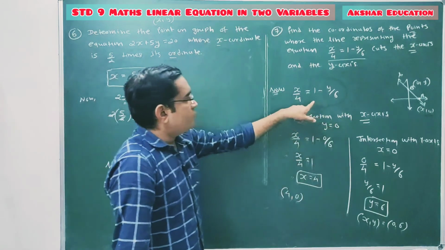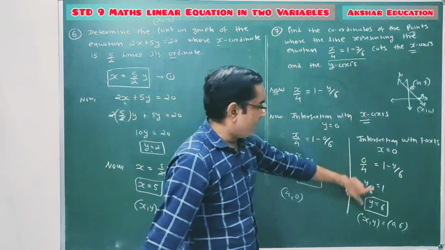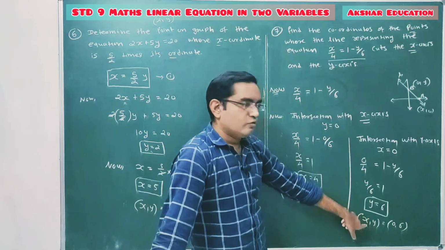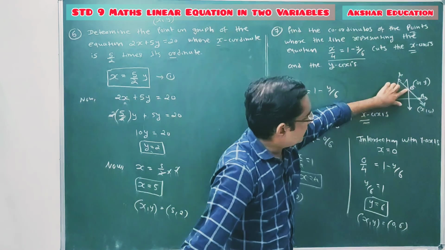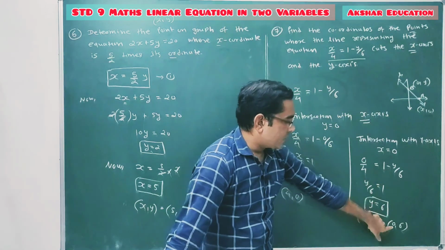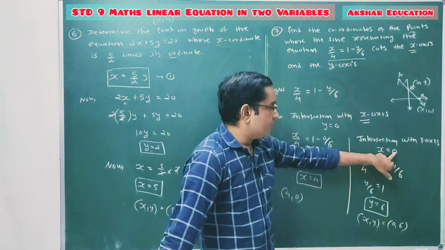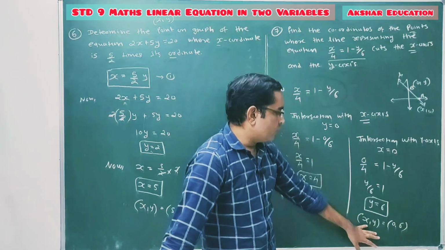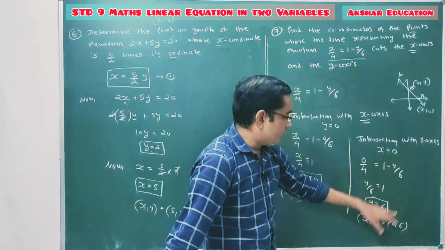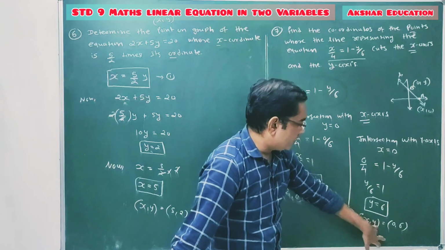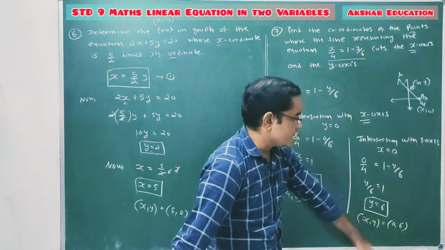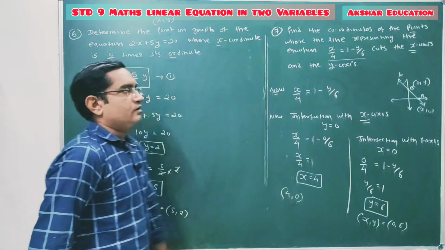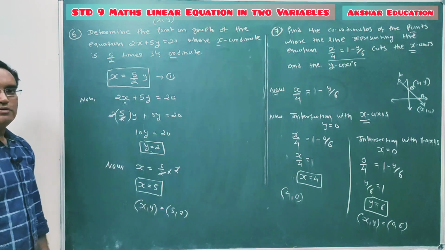And when the graph of this equation intersects the y-axis, that intersection point lies on the y-axis. Any point which lies on the y-axis always has x coordinate 0. Taking the x coordinate as 0, we get the y coordinate 6. So the coordinates of the intersection point with the y-axis are 0, 6. Clear, students? So pause the video to note it down.